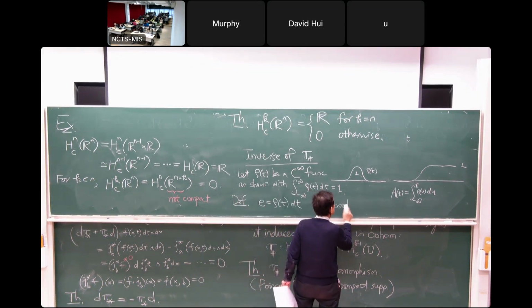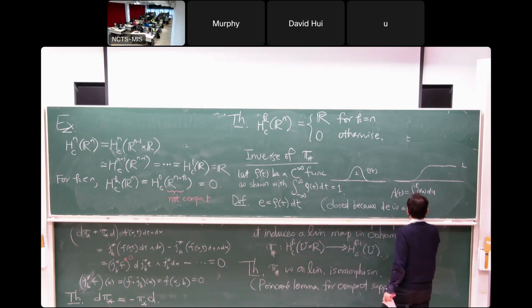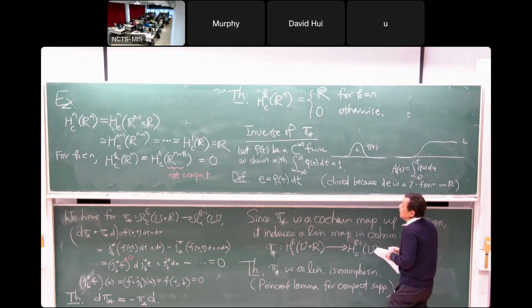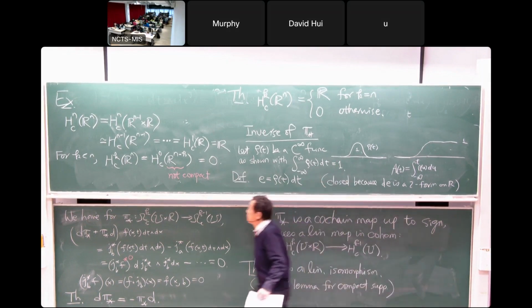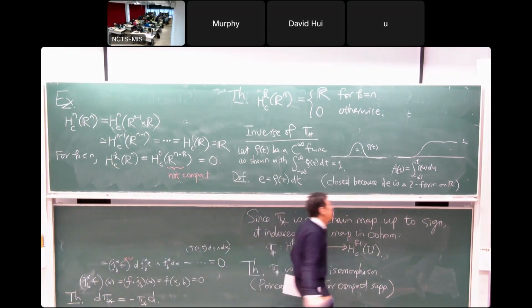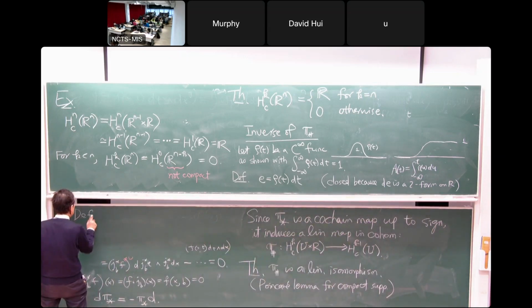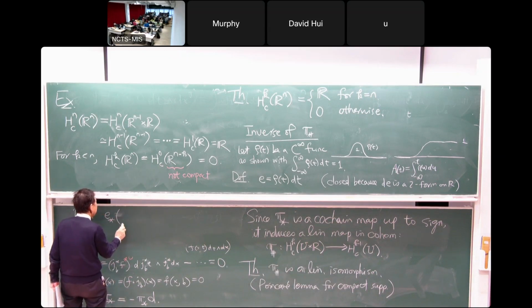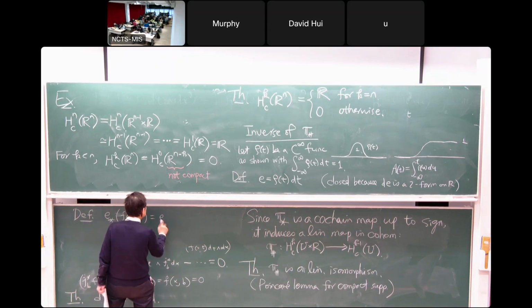So closed because d of E is a 2 form on R. And then you just define an inverse to pi lower star to be a wedge product with E. So define E lower star of, say, f of x dx I to be wedging with E.